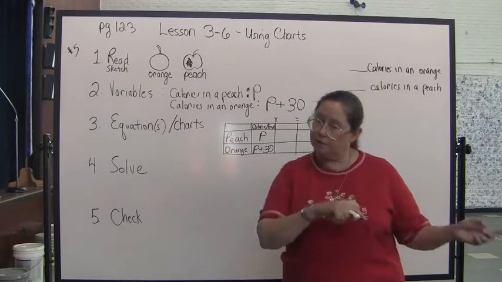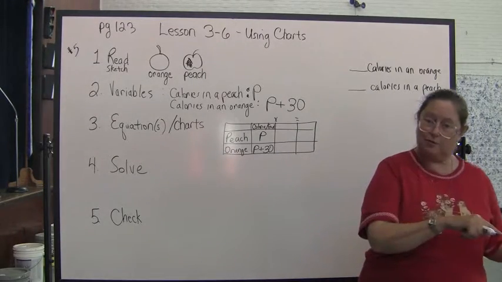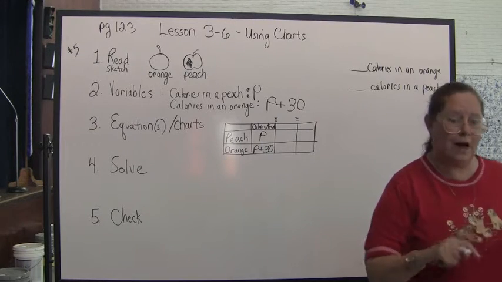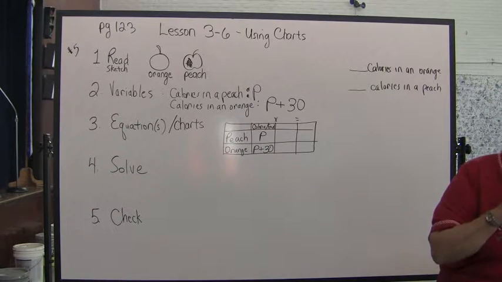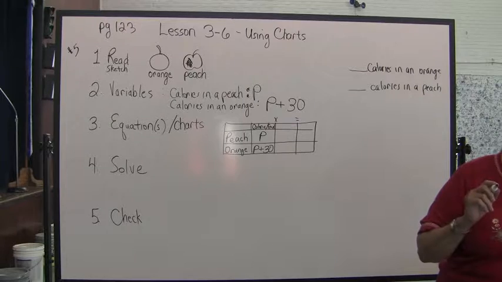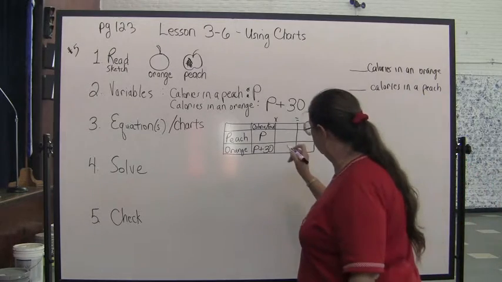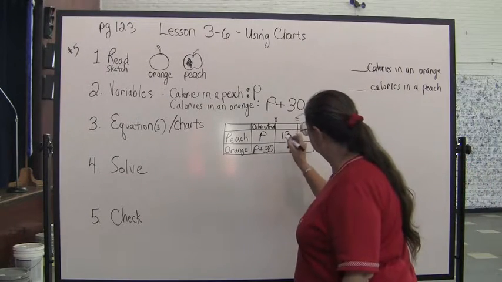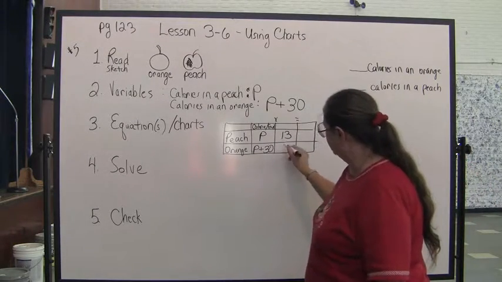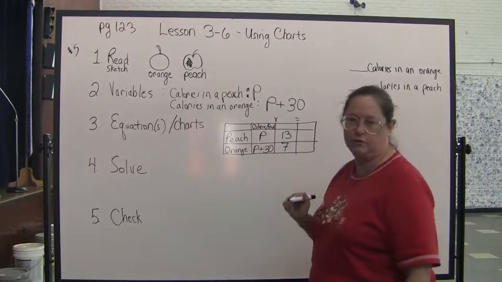Now we have to go back and reread again. See, this is about the 3rd time I've read this problem. Okay, it says 13 peaches have as many calories as 7 oranges. I got 13 peaches, so I'm going to put 13 here, and 7 oranges.